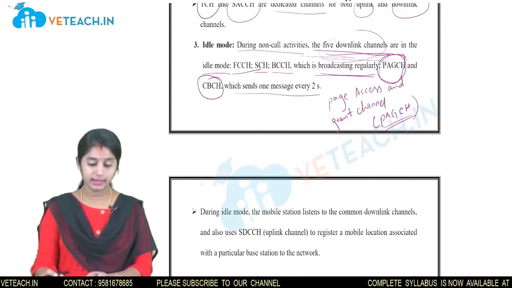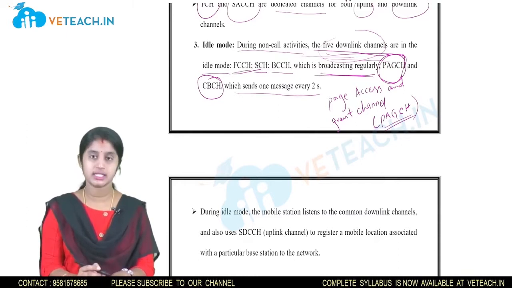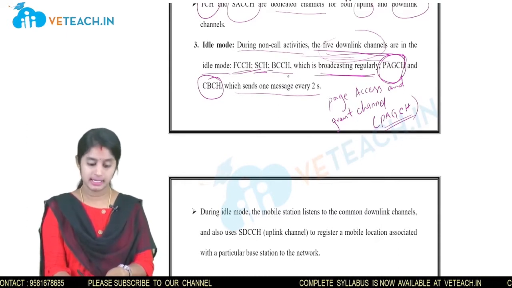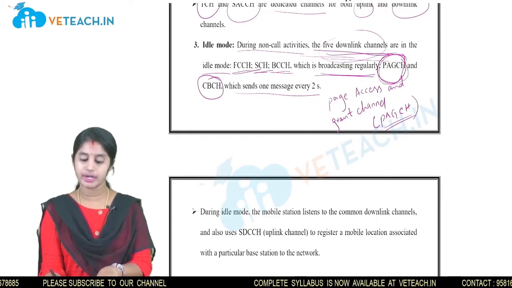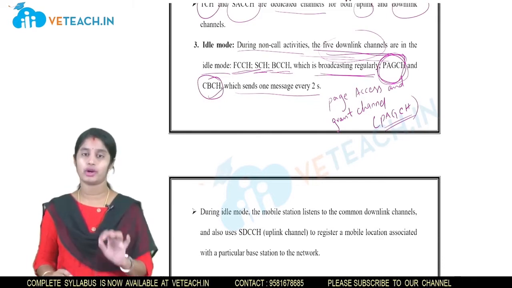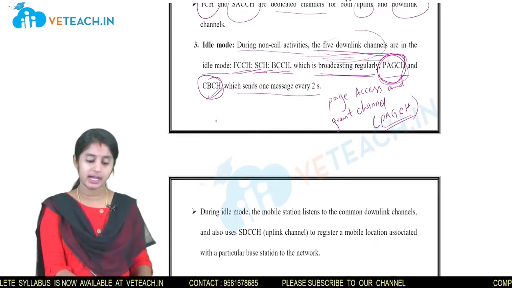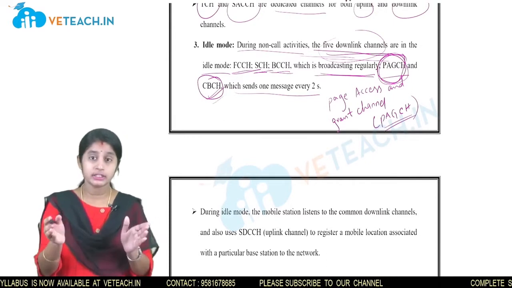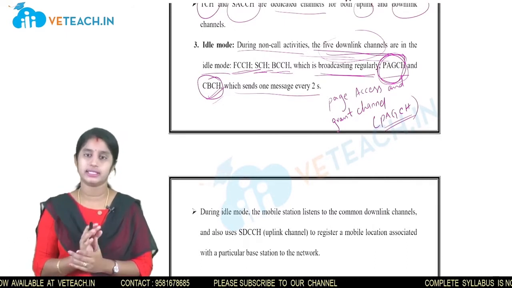Clear? The 5 channels are FCCH, frequency control, SCH, then BCCH, which is regularly monitored by the page access and grant channel as well as the call broadcasting channel. Using these 2, the page access grant channel and the call broadcasting channel, a short message is sent every 2 seconds.